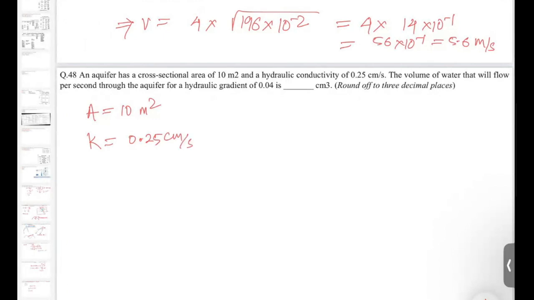And the hydraulic gradient, that is i, you can also write it as dh by dl. It should be 0.04, and it doesn't have any unit.